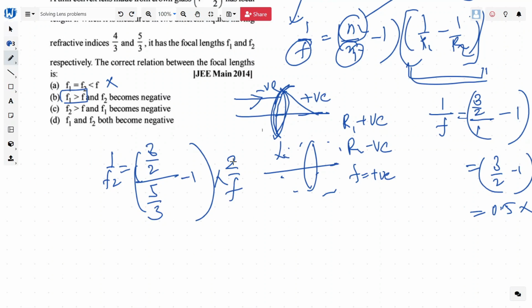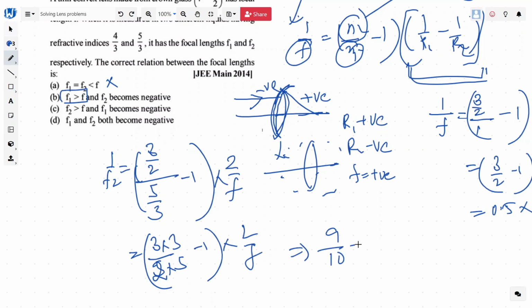This is 2 by F, and now here the expression will become negative, right? So we have 3 by 2 into 5 by 3 minus 1, 2 by F, 9 by 10 minus 1, 2 by F, that's going to be minus 1 by 10 into 2 by F, right?